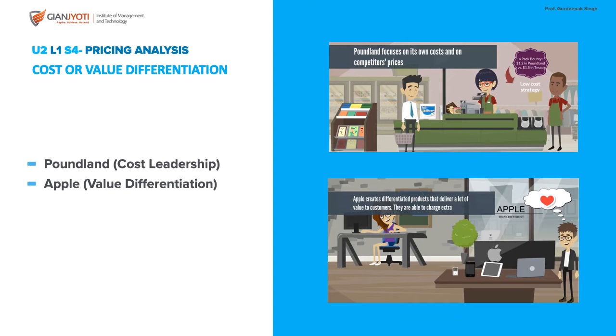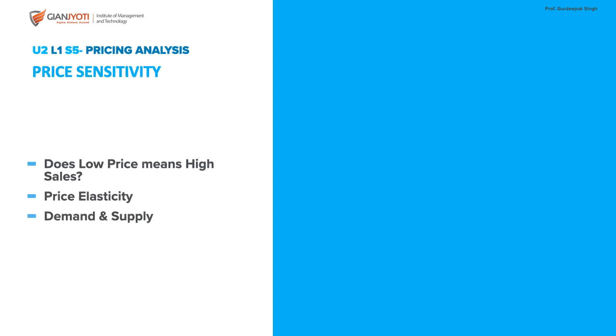Whereas Poundland is working on a low cost strategy, so they are looking at volume. So that's how you decide about cost or value differentiation. Now, another term we need to understand is price sensitivity. My question to you is, do you think low price means high sales?